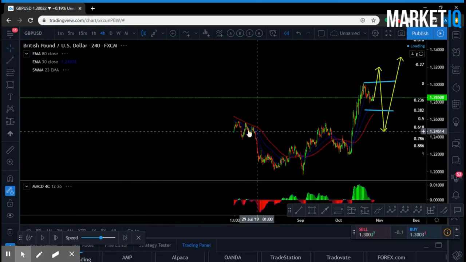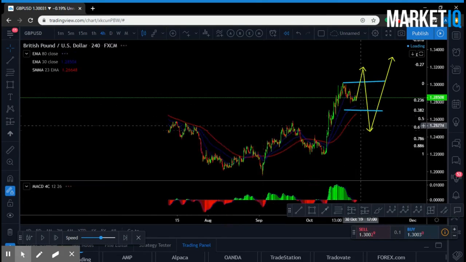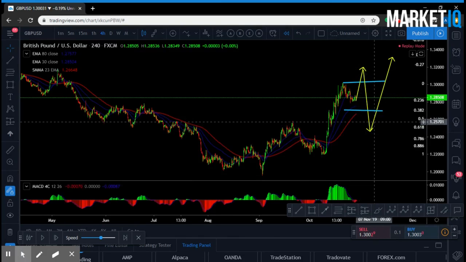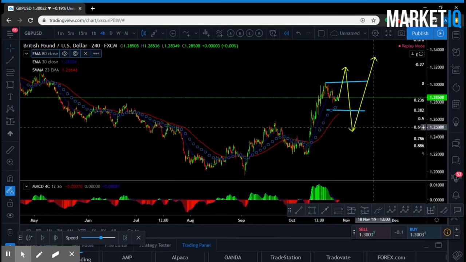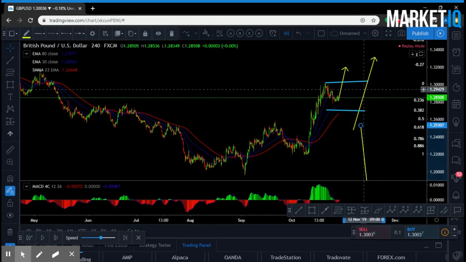Simply because if you think about it, if we were to break down through this SMA, odds are more likely that price would correct and then continue down instead of giving us an expanding triangle.